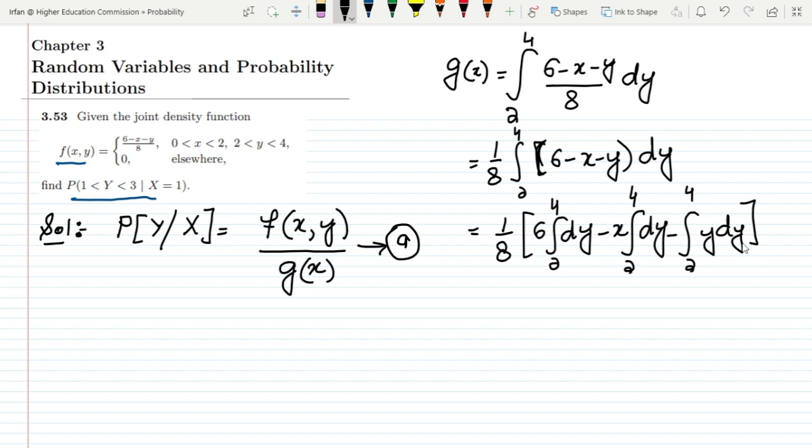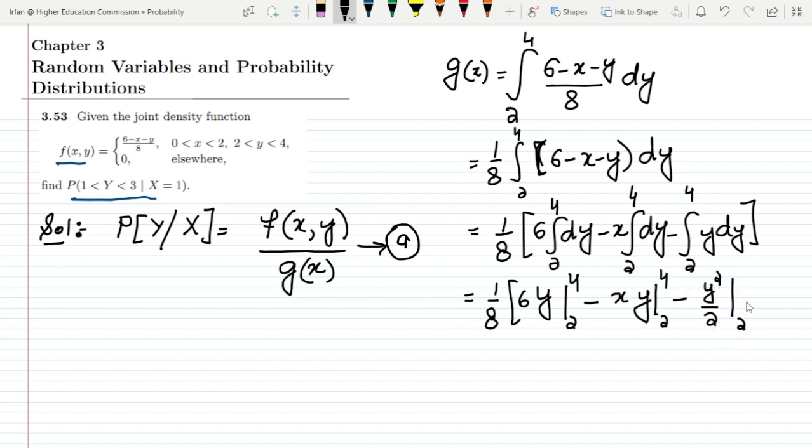So we get y from 2 to 4, minus x times y from 2 to 4, and y squared divided by 2 from 2 to 4.